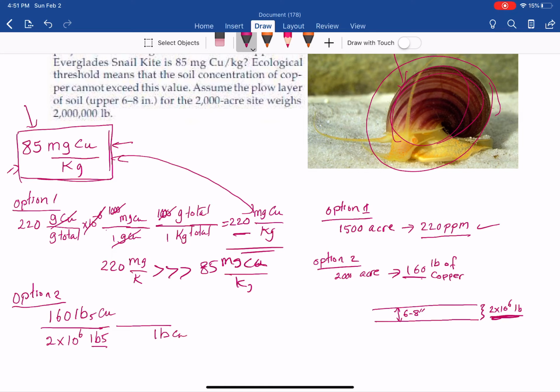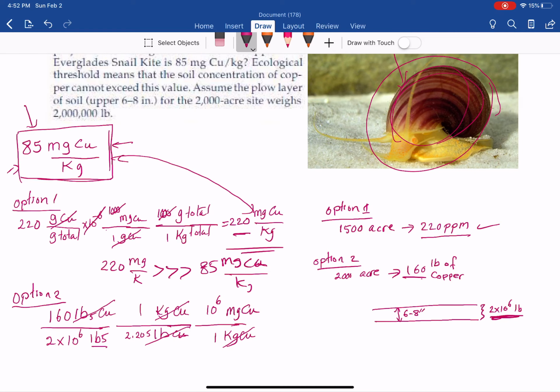1 kilogram is equal to 2.2 pounds. This conversion you don't have to memorize, because we will give it to you in the exam. Now it's kilogram copper, but we want milligram copper. 1 kilogram is equal to 10 to the 6 milligrams, so kilogram cancels with kilogram. Now you have milligram copper.